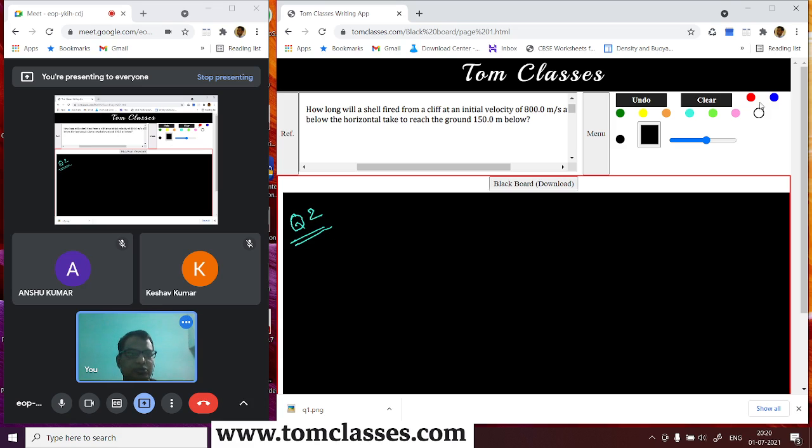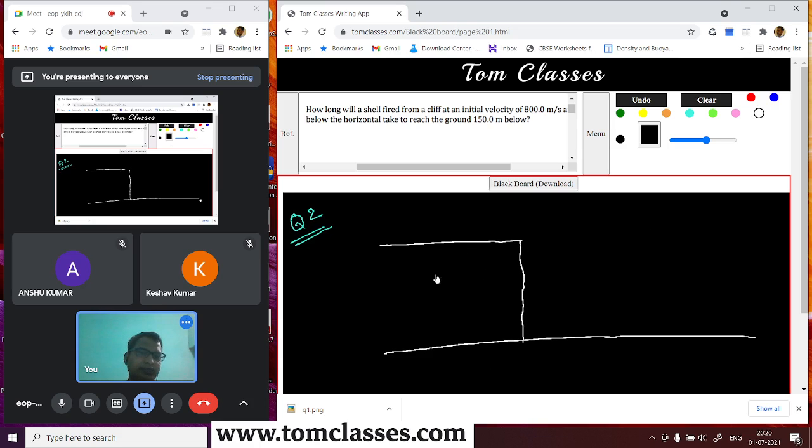So there is a cliff, and there is a height. Now what is it saying? How long will a shell, fired from a cliff at an initial velocity and at 30 degrees below the horizontal, take? So let me draw the horizontal. The horizontal is this.